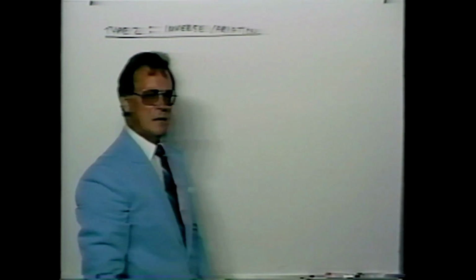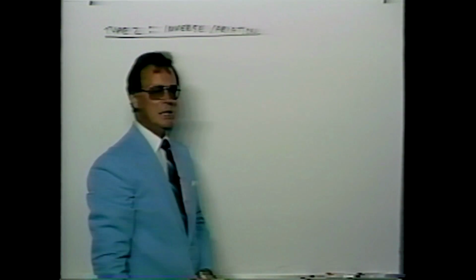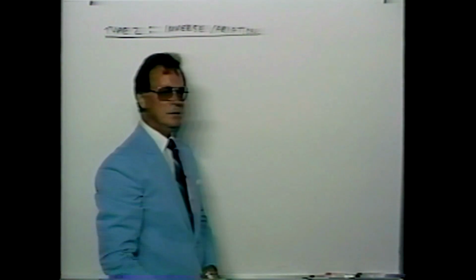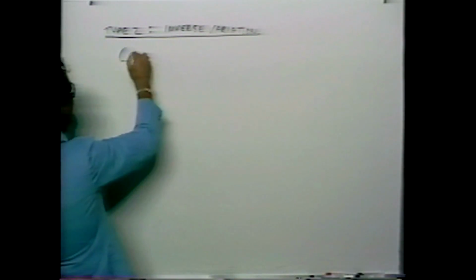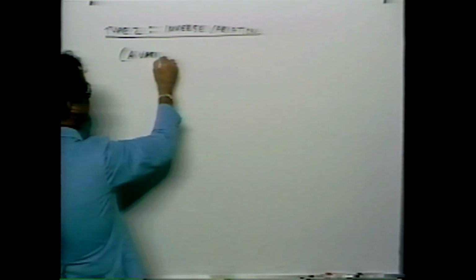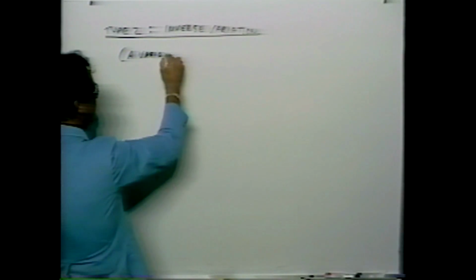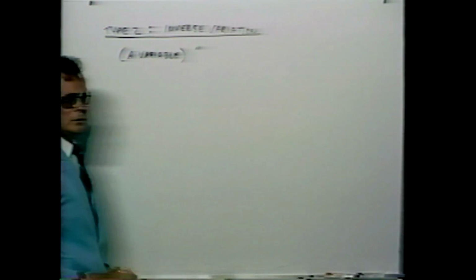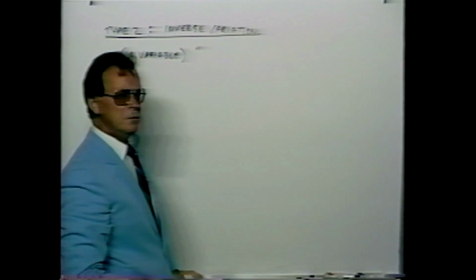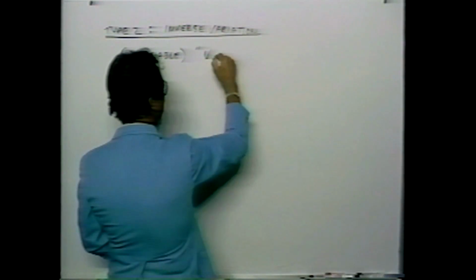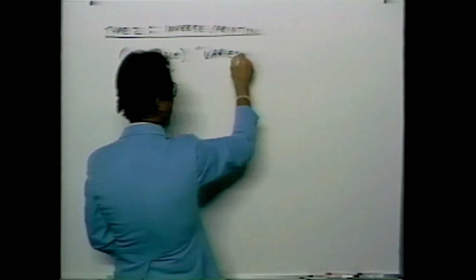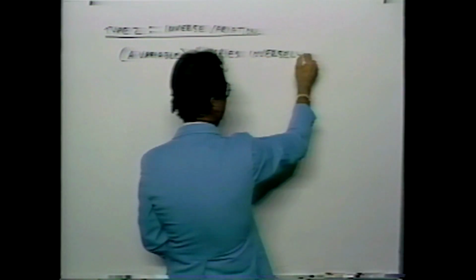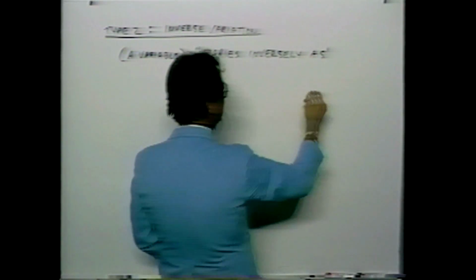The phrase found in an English statement regarding a physical law will have this phrase in it: a variable, quote, varies inversely as another variable.